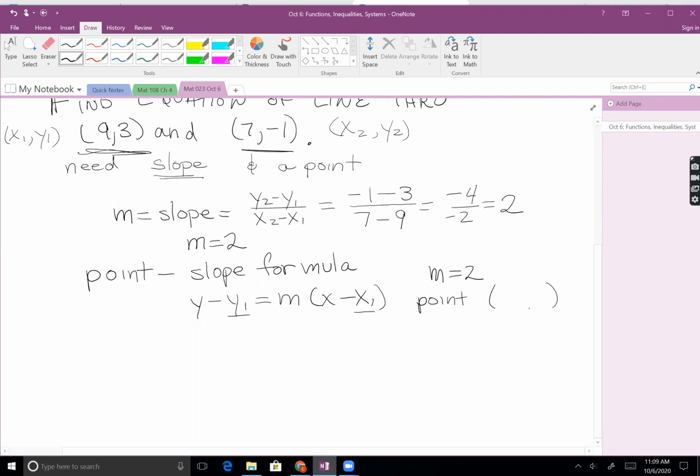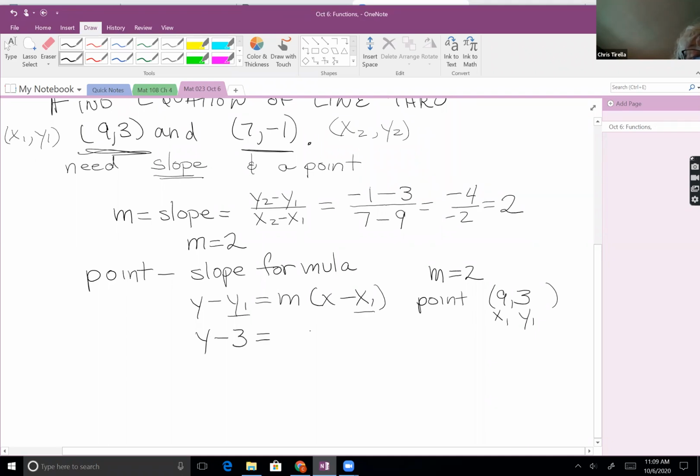9 and 3. Okay, so if I use my point 9, 3, x1 is 9, y1 is 3, and I get y minus 3 equals my slope, 2, times x minus the x value, x minus 9.